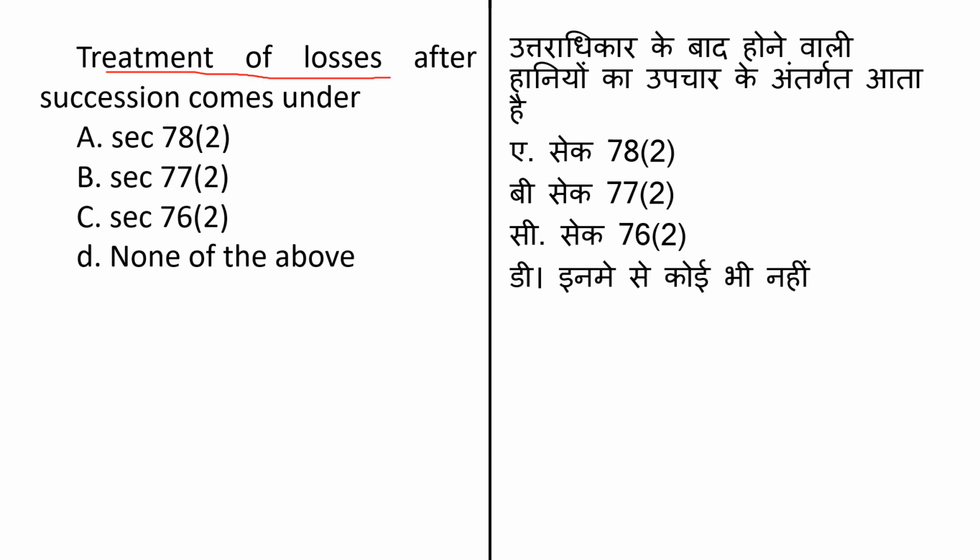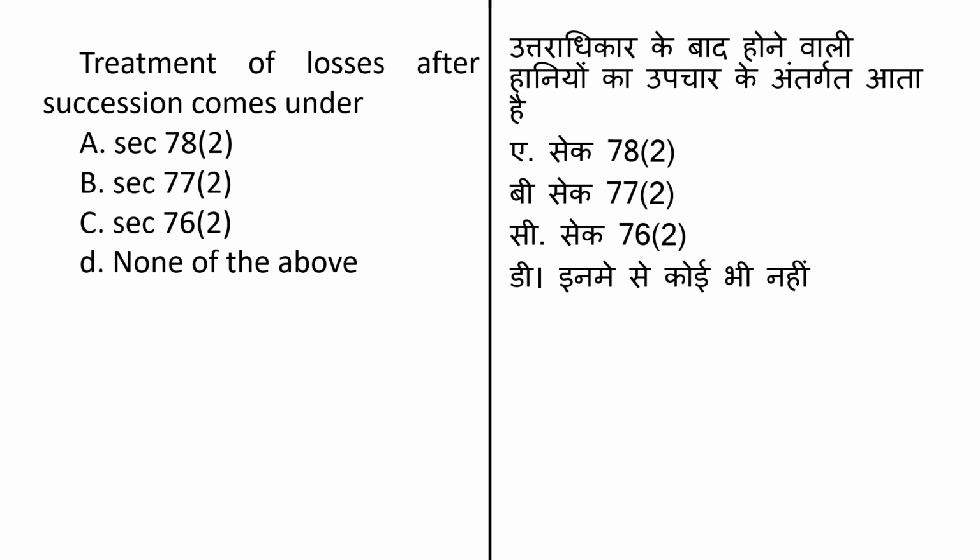Treatment of loss after the succession comes under, and the options given are section 78 clause 2, second option is section 77 clause 2, third option is section 76 clause 2, and the last option is none of the above.